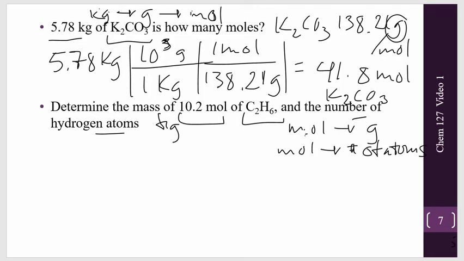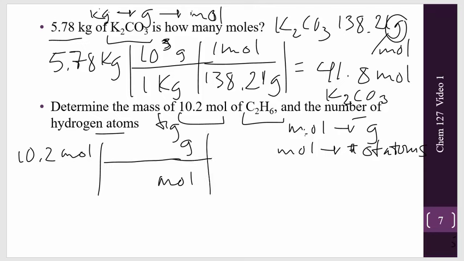Okay, let's start with the first one: 10.2 moles. To convert between moles and grams, we'll need the conversion factor, the molar mass, which I won't go through the steps to calculate here. It ends up being 30.08 grams per 1 mole for C2H6.